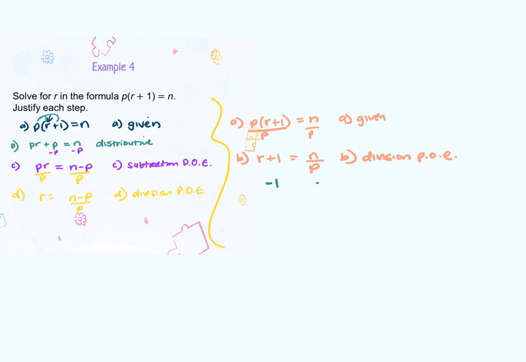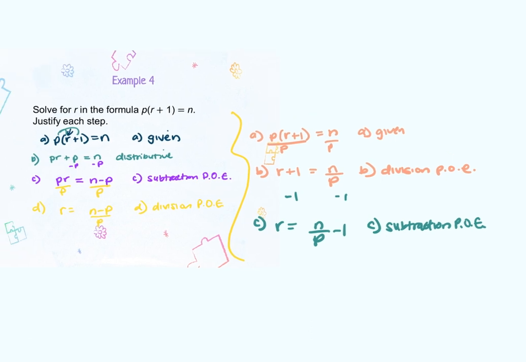Then I could have subtracted the 1. And that's subtraction property of equality. So in both of these, we isolated the r. On the left, n minus p over p could be simplified to n over p minus 1, but you could have left it either way.